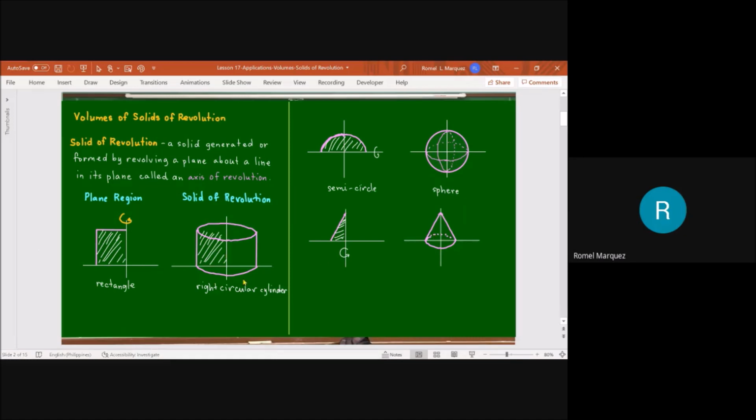For instance, if you want to get the volume of this right circular cone, all you have to do is to find the radius and what? And the height. Okay? And then multiply by 1/3 pi. Okay, 1/3 pi, then square the radius times the height. So let's say this is the height and this is the radius.